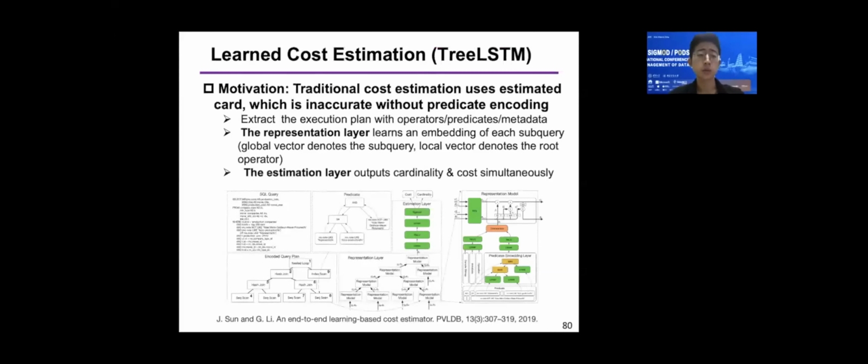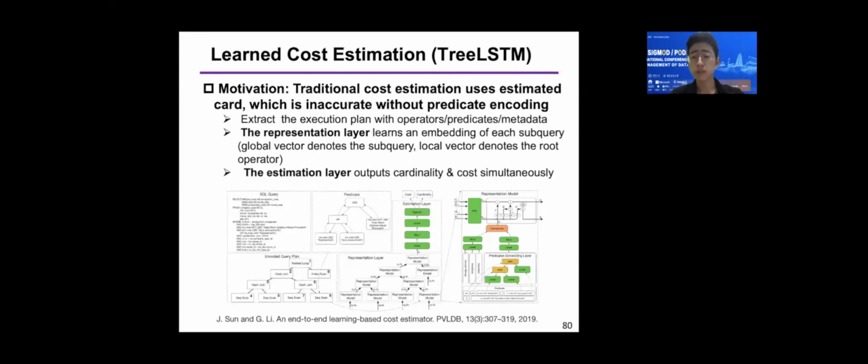So there are relatively few works in cost estimation. One work is to solve the problem in traditional cost estimation, which can only use the estimated cardinality to further consider the cost, which is inaccurate without the encoding of query predicates.